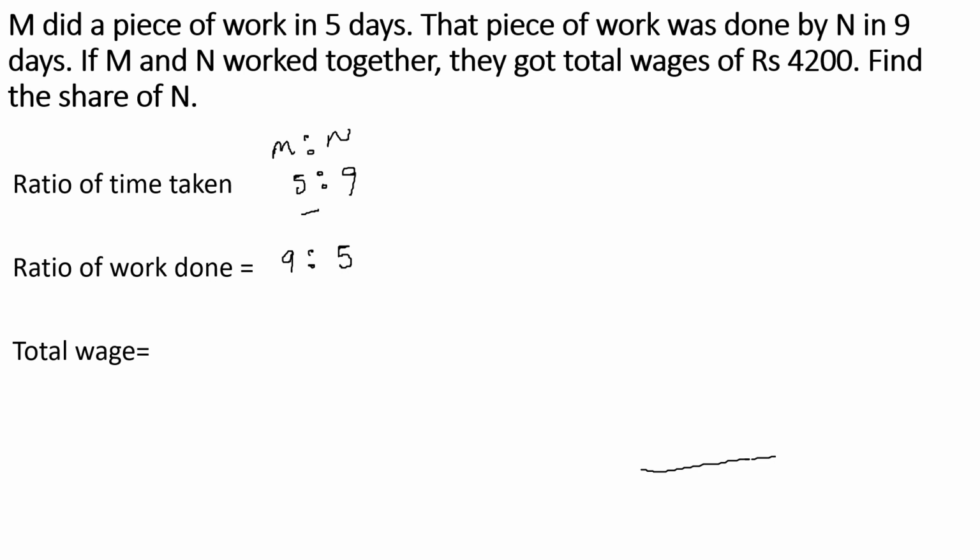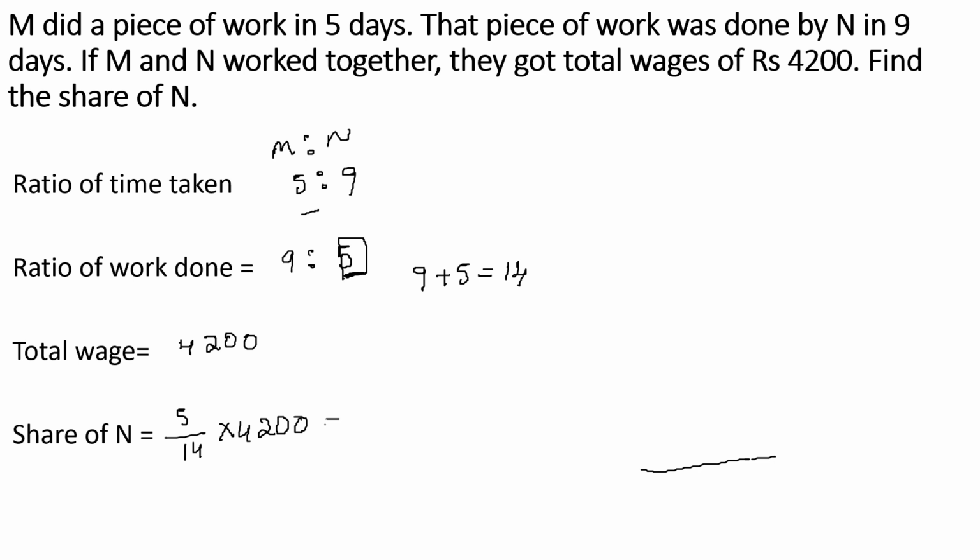Now the total wage is 4,200. To find the share of N, the value for N is 5 here, and the sum of the ratio, 9 plus 5, is 14. So the share of N will be 5 divided by 14 into 4,200, which is 14 threes are 42, so 300, and 300 into 5 is 1,500 rupees.